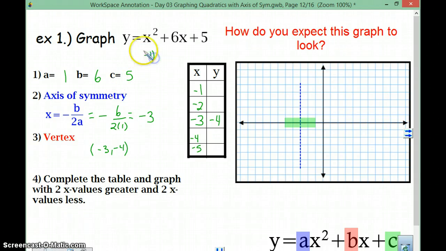Negative 1 squared plus 6 times negative 1 plus 5. Okay, this becomes 1. Negative 1 squared is 1. And here's another positive number. Add those up. That's 6 minus 6, that's 0. So if I put negative 1 in, I end up with 0. Let's put in negative 2.